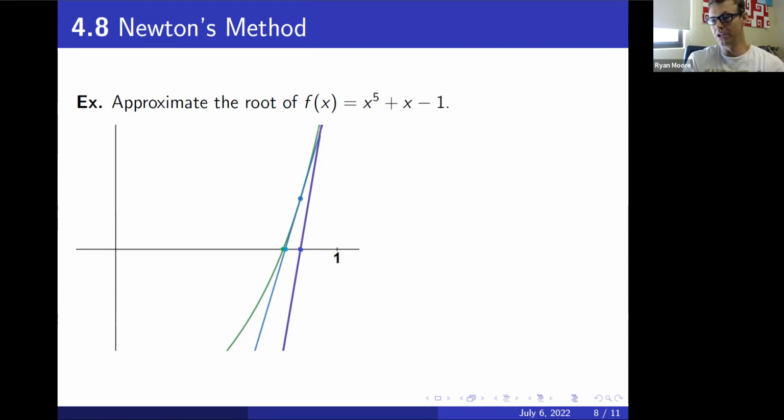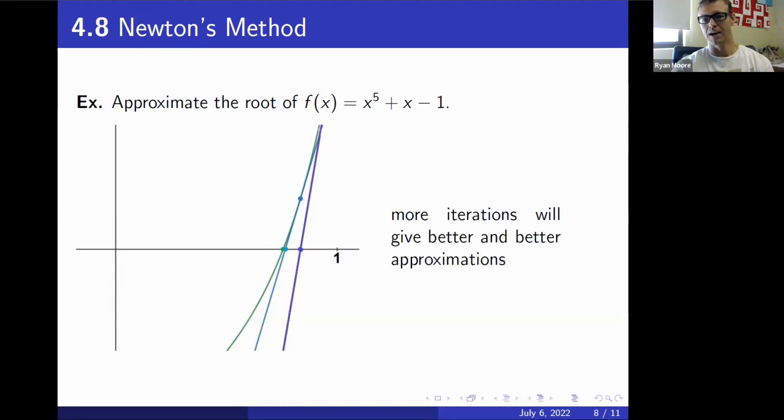And there's no limit to how many you can do. You're always going to get more and more accurate. You can do this as many times as is needed for whatever your purposes would be for finding where this root occurs. We call this an iterative process. We'd say the more iterations we go through, the better and better approximations we get.